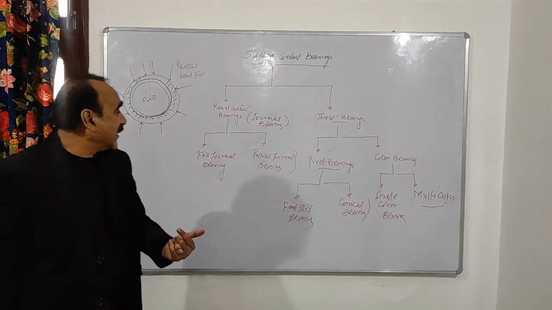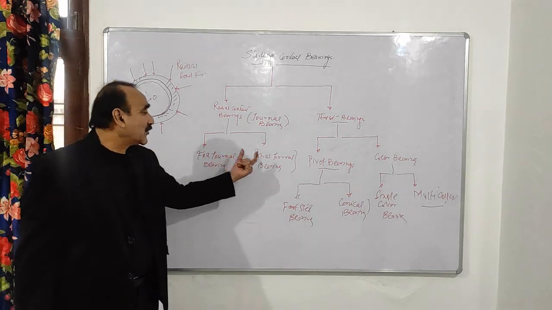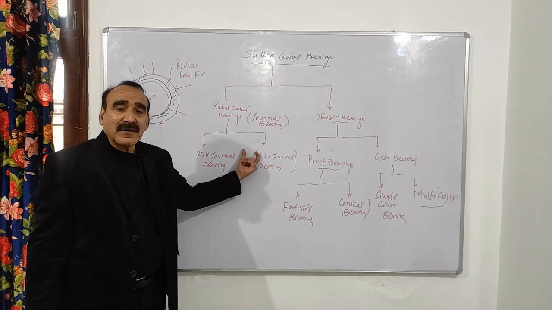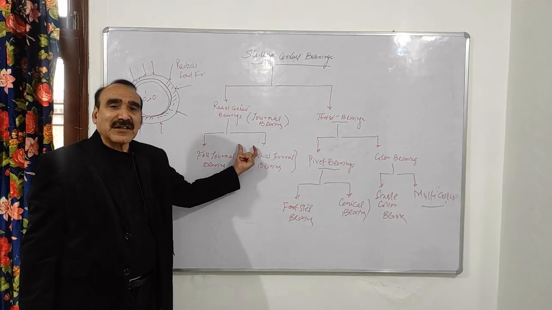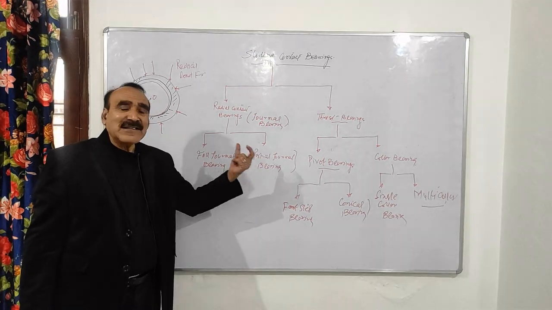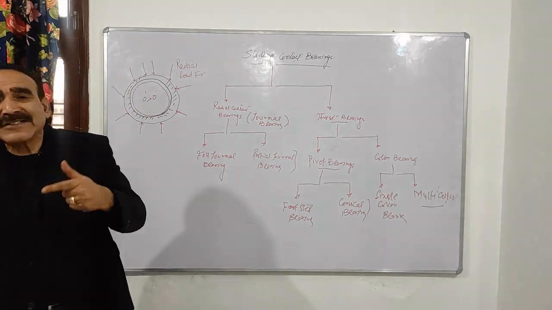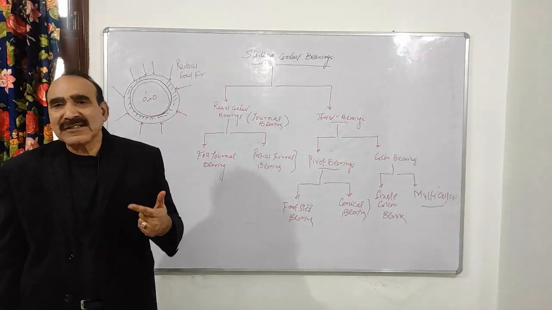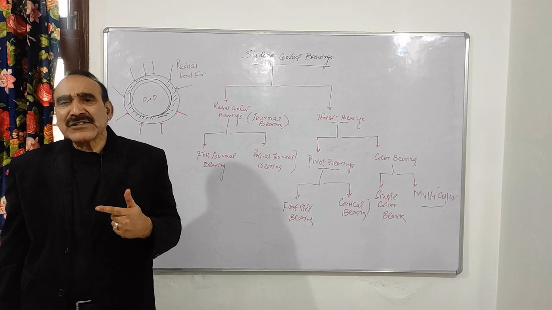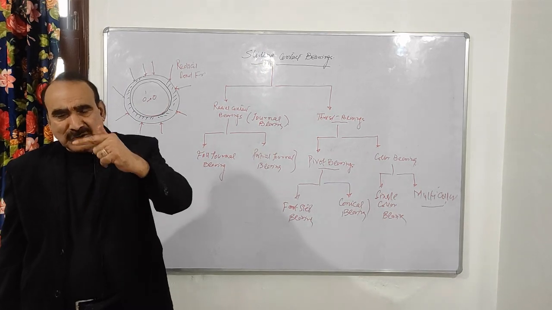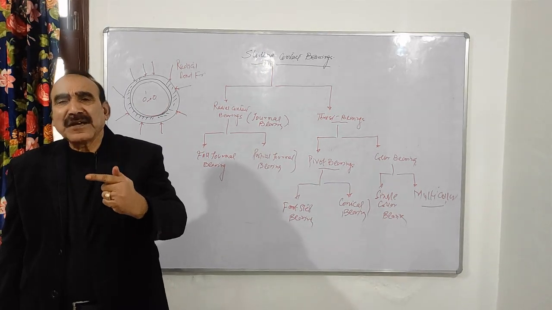Because in case of this partial journal bearing, this journal is not protected throughout 360 degree, or you can say it is not protected thoroughly by the bearing.